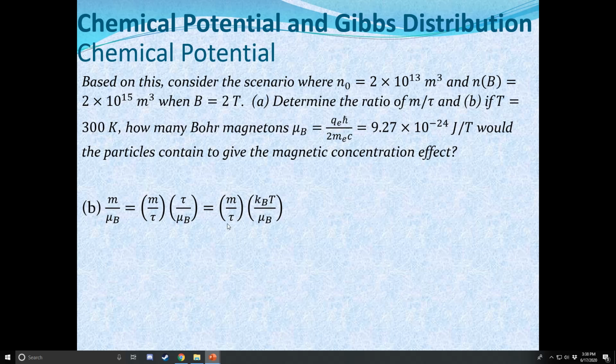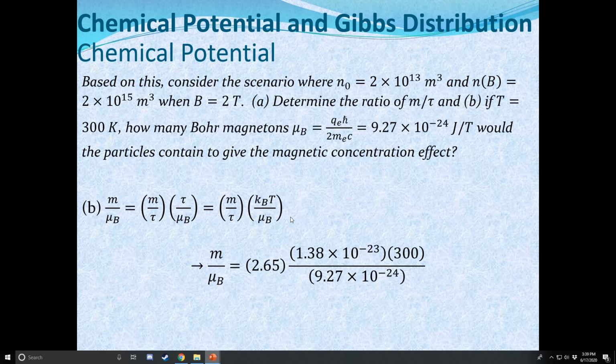So we already know what m over tau is, and we know what this tau can be broken up into. So from there, it's just plug and chug the numbers that we have and get that it would be equivalent to a little bit under 1200 elementary magnets, essentially electrons. Smallest possible magnets that we could have.